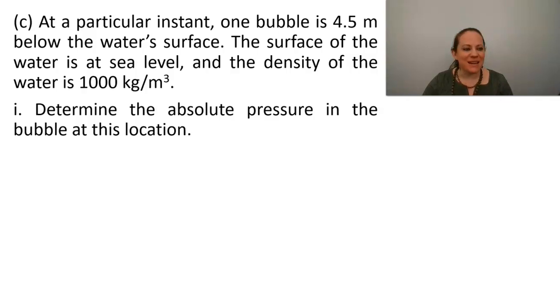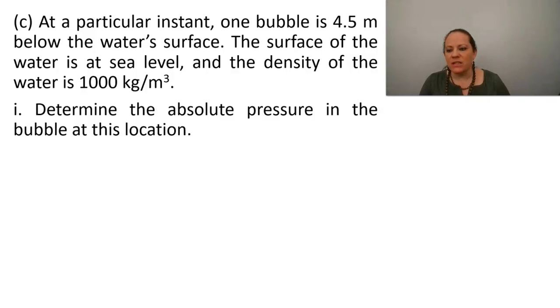And part C. At a particular instant, one bubble is 4.5 meters below the water's surface. The surface of the water is at sea level, and the density of the water is 1,000 kilograms per cubic meter. Part 1. Determine the absolute pressure in the bubble at this location.